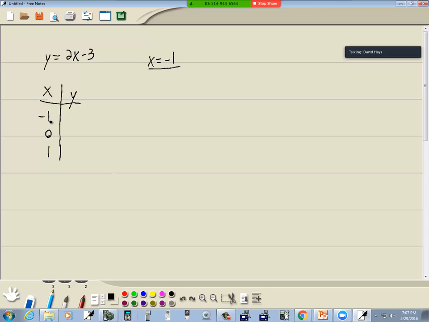Now after we pick these x values, our first one is x is equal to -1. So we're going to plug x equals -1 into our original problem. So we got y is equal to 2x minus 3. So we got 2 times -1 minus 3. 2 times -1 is -2 minus 3, or y is equal to -5.